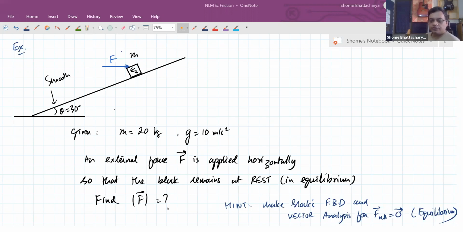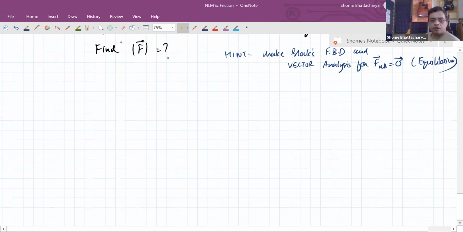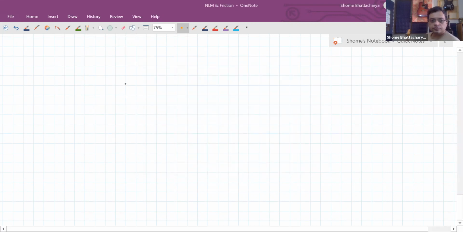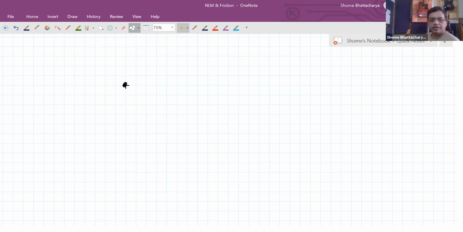Okay, so let us look at the free body diagram of this one. So the forces acting on it will be the external force that we are applying horizontally. Okay.